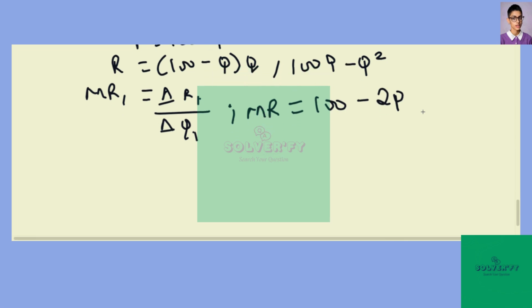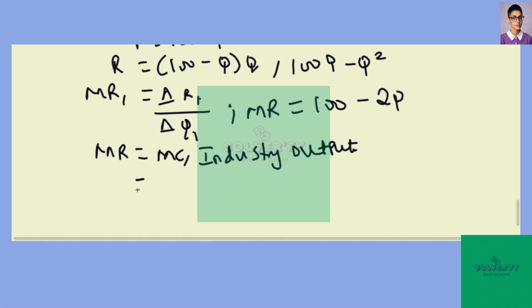So since marginal revenue is equal to marginal cost, right? The industry output will be 100 minus 2QT equals 10 plus QT, and then QT will be equal to 30.